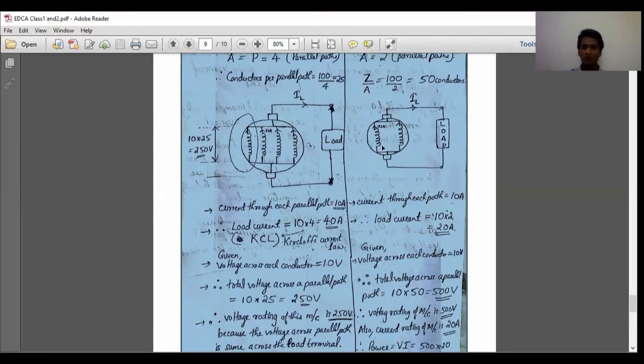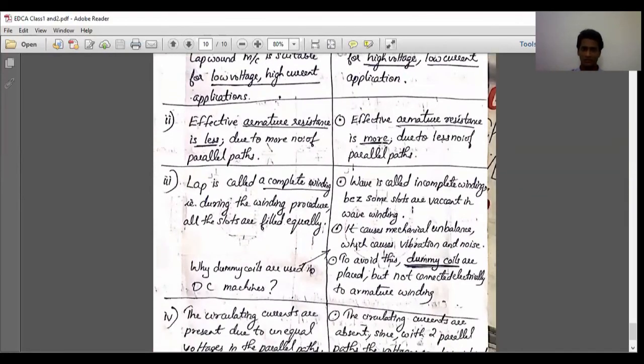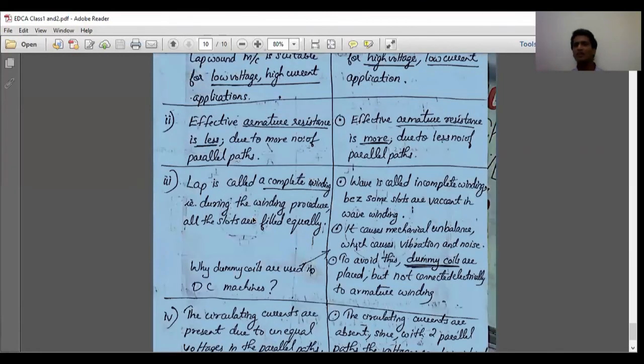And the third point we have to look at is that lap winding is called a complete winding. That means all the slots in the armature will be filled with the conductors or winding in the case of lap winding. Clear? But in the case of wave winding, all the slots are not filled and some slots are kept vacant, and that vacancy makes wave winding called an incomplete winding.